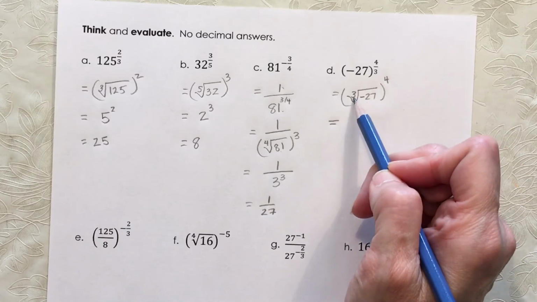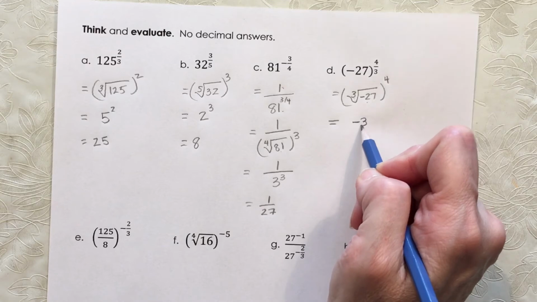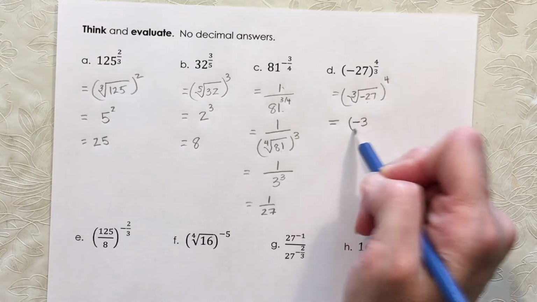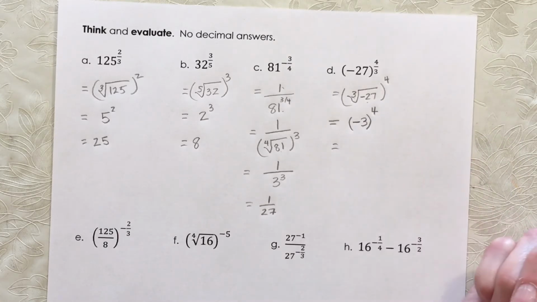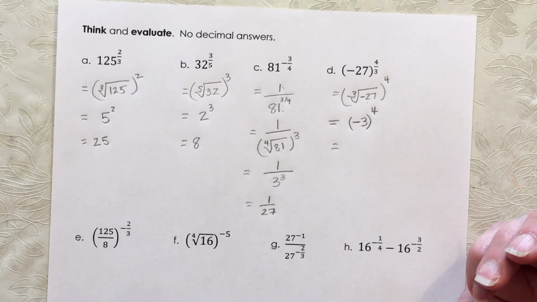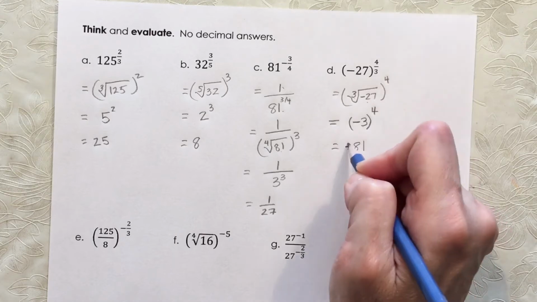What number multiplies by itself 3 times to give you negative 27? That's negative 3. The base that we want to put this exponent on is negative 3, so we need to put the negative 3 in brackets to the 4th. That means you're multiplying negative 3 by itself 4 times, which means you'll get a positive answer, and that's positive 81.